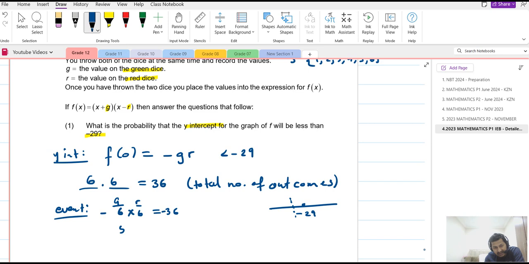Then I can have 5 times 6, that's 30, so negative 30. Or I can have 6 times 5, that's negative 30. So the event: are all these numbers less than negative 29? Yes, they are.